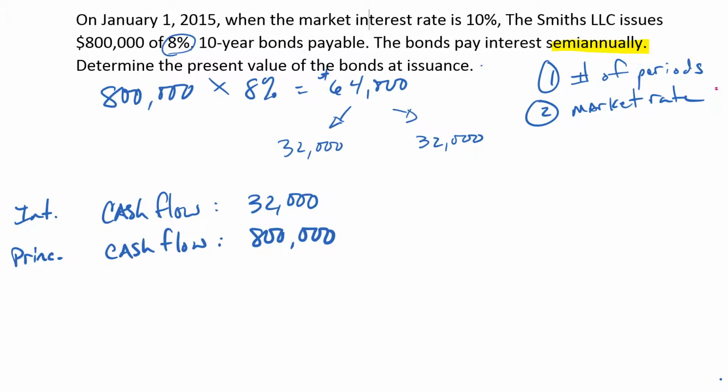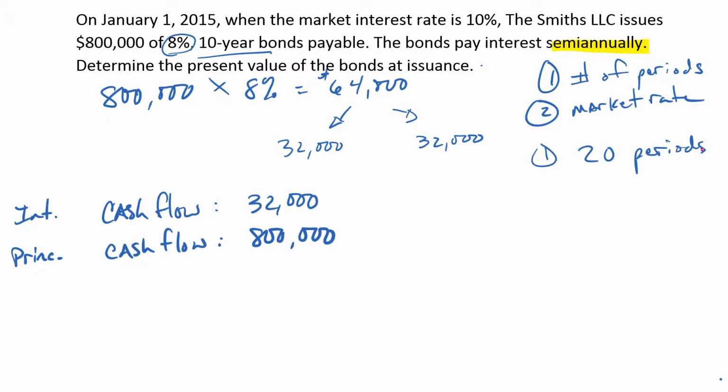So in this case, we know this is a 10-year bond, but over 10 years, the company is going to make 20 interest payments, right? Because they're going to make interest payments semi-annually. So the number of periods is 20 periods, 20 semi-annual interest payment periods.